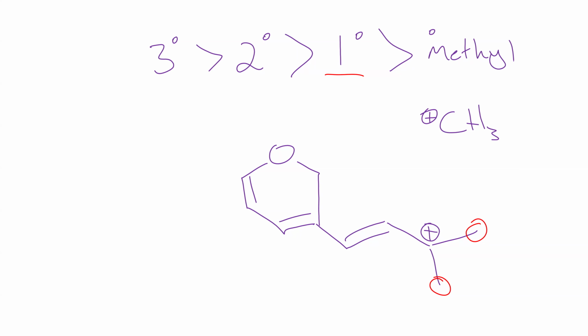We'll learn the difference between classifying those in a little bit. For now, let's just talk about how many carbons are connected. Okay. So secondary is anything that's attached to two other carbons, so anything that's in the middle of a chain, basically.